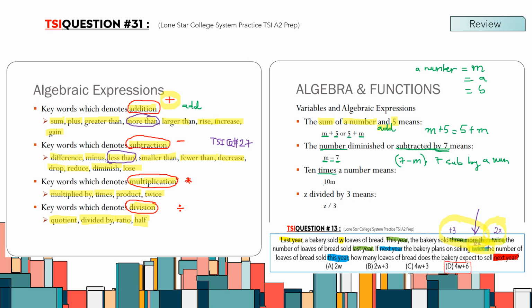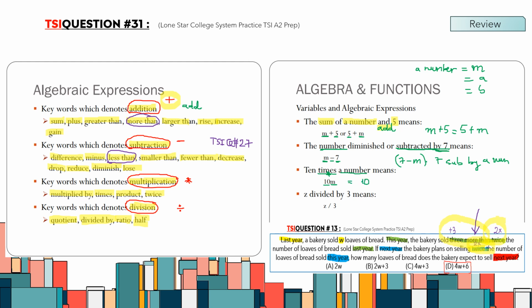So 10 is the number 10, then multiply by a number, we call it m, so 10m. When you see them right next to each other like that, with no space between the number and the letter, it stands for multiplication.